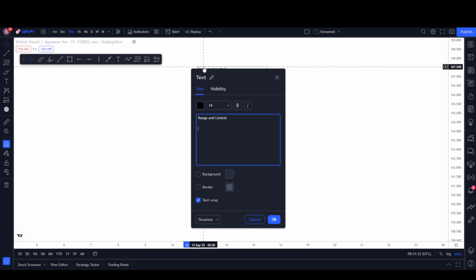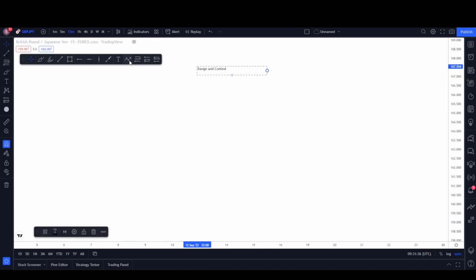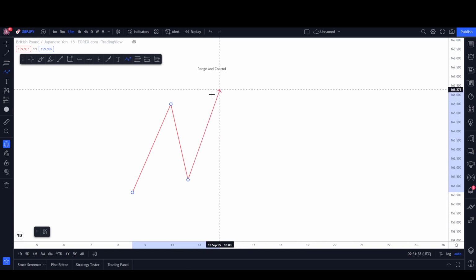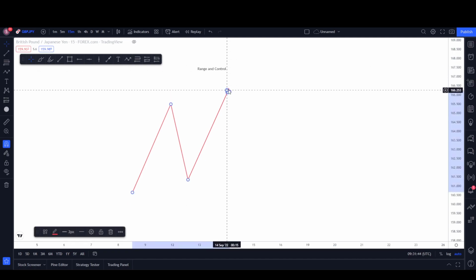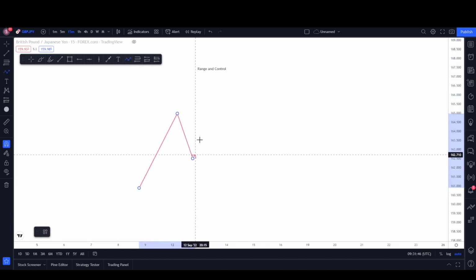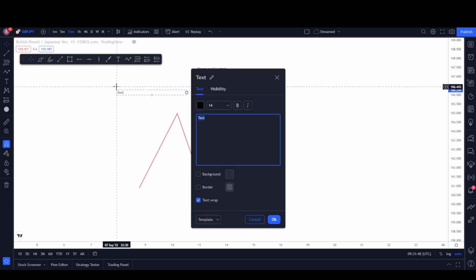So in the last video, I spoke about for range to expand. So let's get this out and recap. For range to make a high high, let's say range is H4, range equals H4, that means control will be H1.